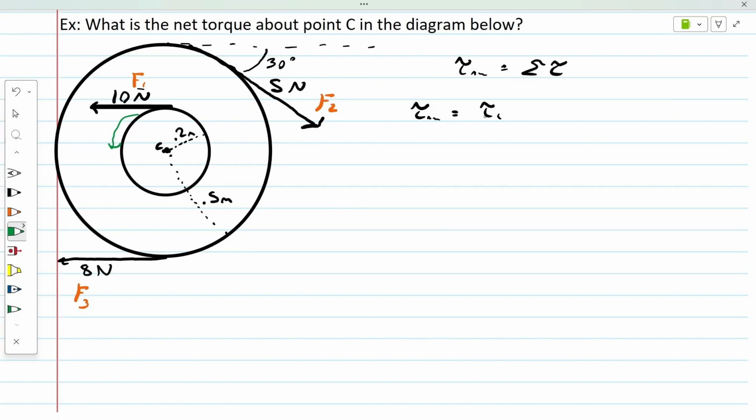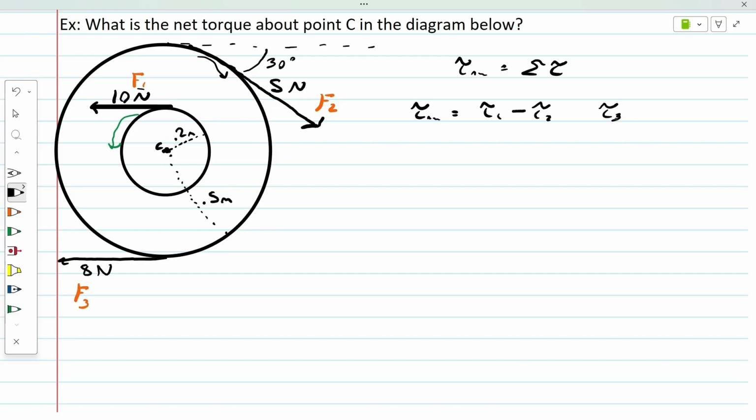And so this one we can just leave as it is, but now we have our next torque, torque 2. But torque 2 is going clockwise, because it's going around the circle like this. And so since it's going clockwise, we actually have to subtract this torque and make it negative. Okay?